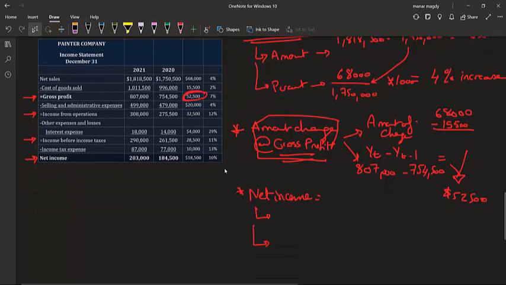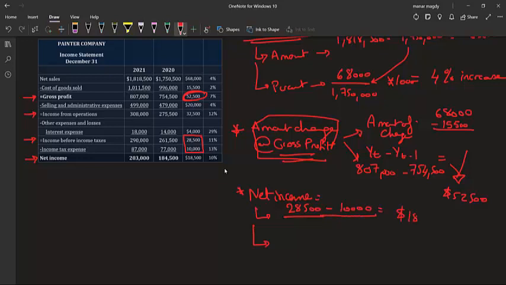Either you deduct the amount of change here, 28,500 less the 10,000, should give you 18,500, and the change from year 2020 to year 2021, 203,000 minus 184,500, it should give you the same result.